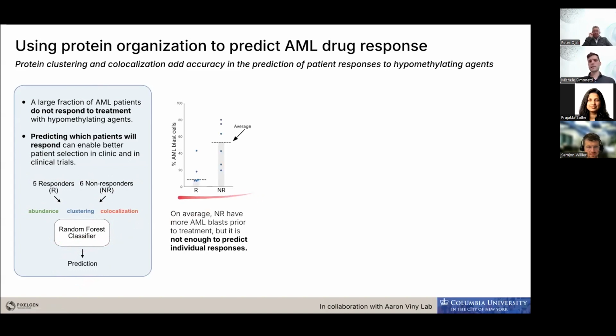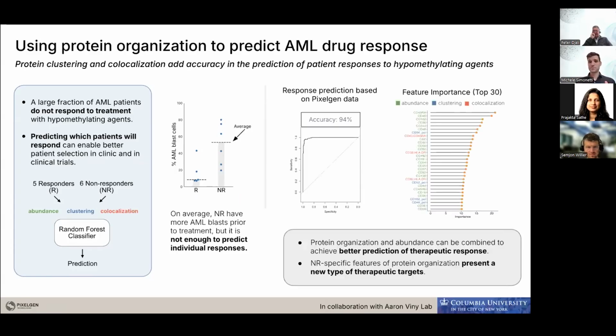So when looking at abundance, the first thing that can be noticed is that the non-responder group have, on average, more AML blasts prior to treatment, but this is not enough to predict individual responses. So what we did was really looking also at the spatial metrics, using them to train the random forest classifier, and this actually gave an accuracy of 94%.